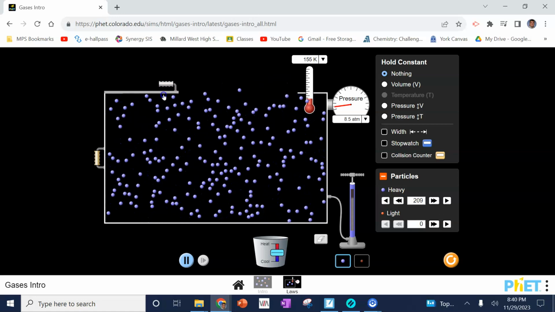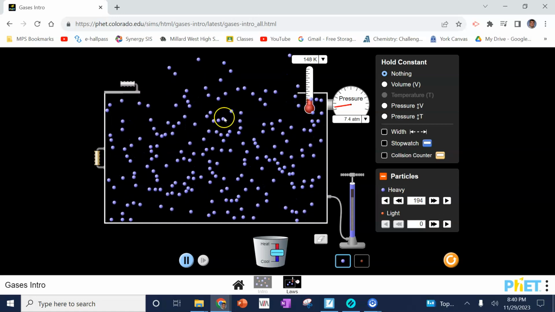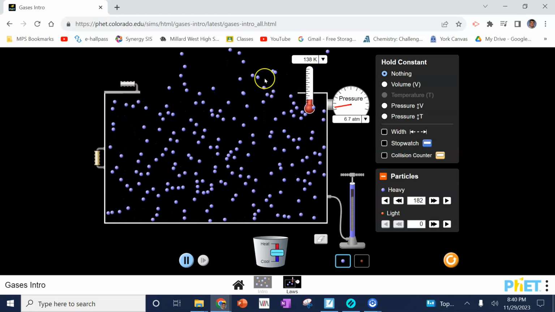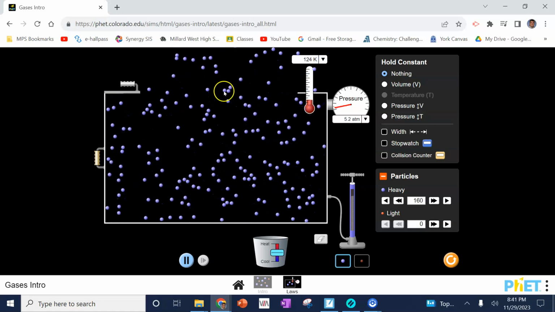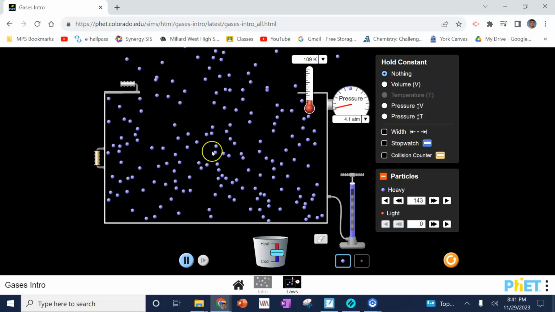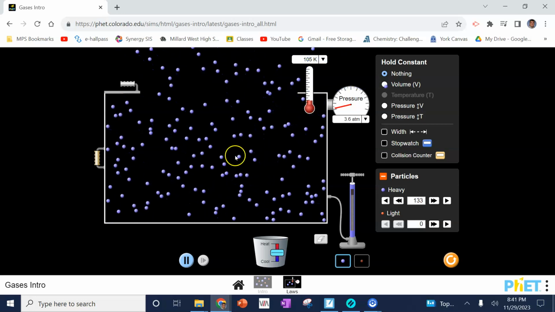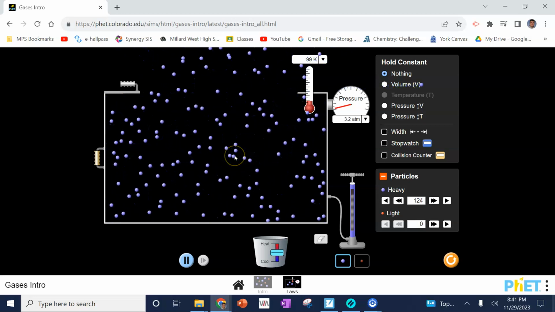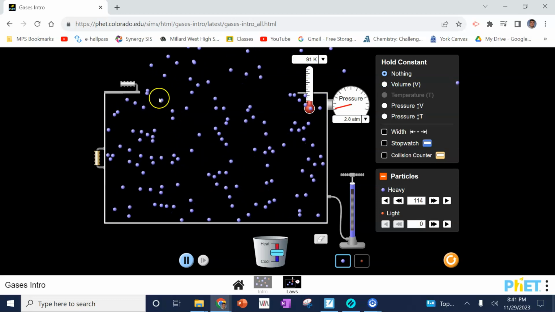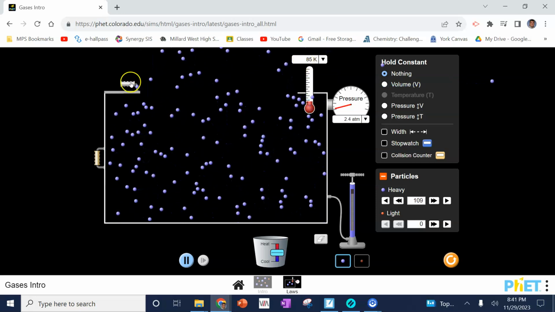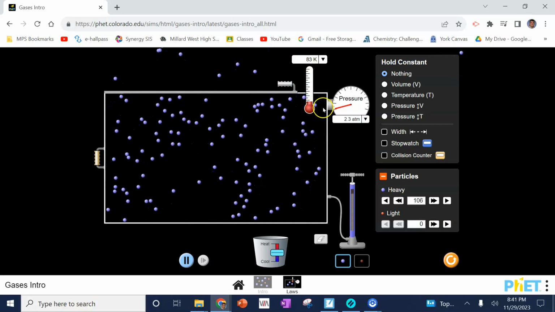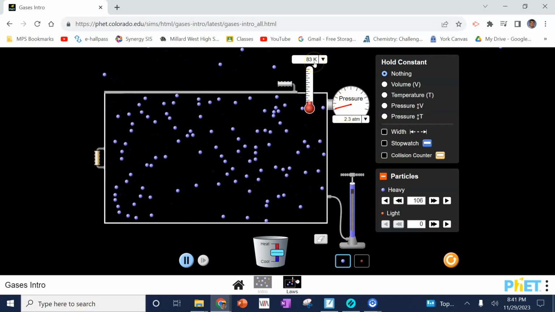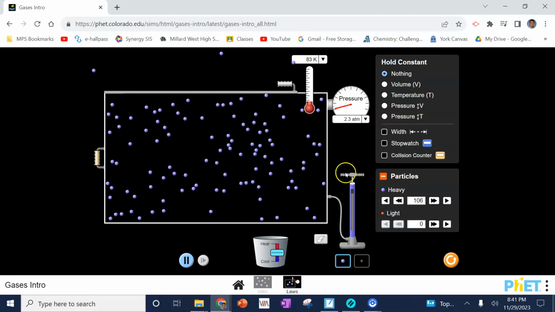So if I open this container up, you'll notice that some of these gas particles are escaping. As they're escaping, they're taking their energy with them. And so the energy of the system, the particles left behind, is less. Less energy left behind, less temperature. Okay, seal that up. And pressure's gone way down, temperature's gone way down.